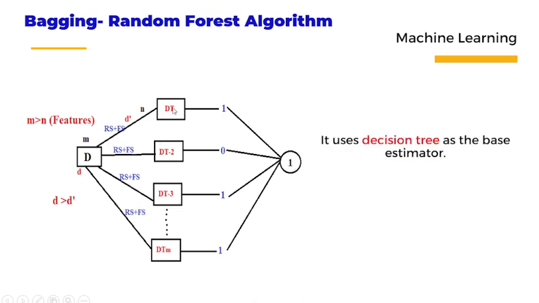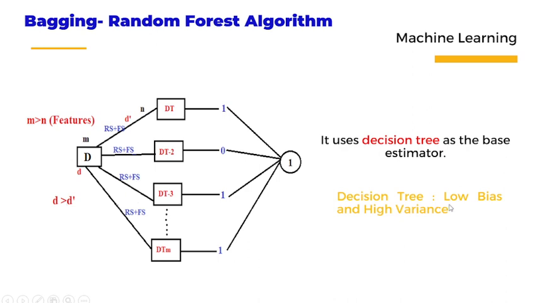Here you can see the base learner is the decision tree. Now you should understand what happens when we use multiple decision trees. As you know from when we learned the decision tree concept, a decision tree has two properties.